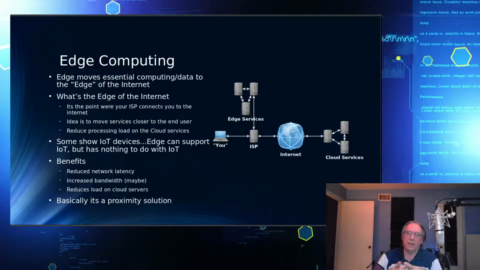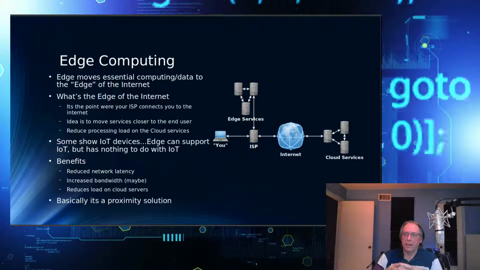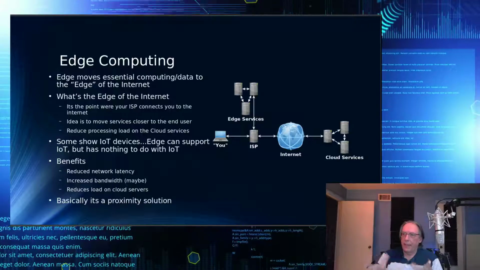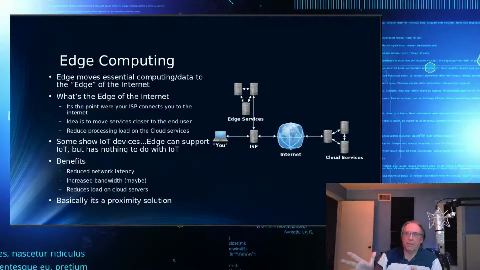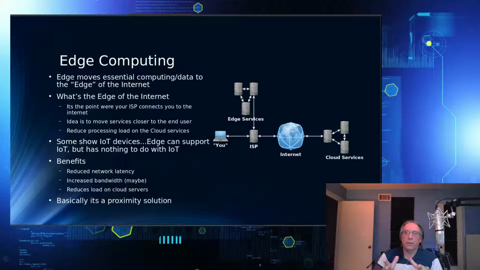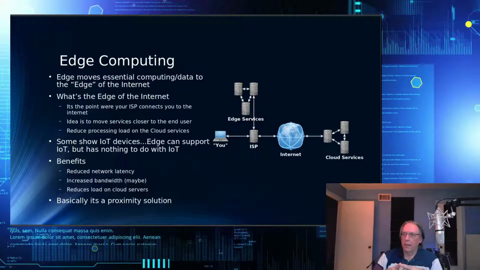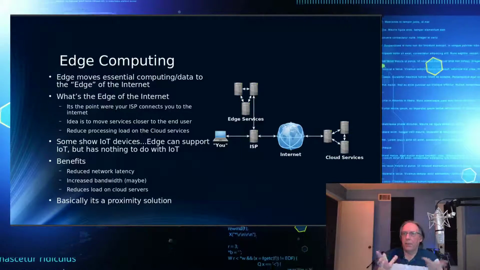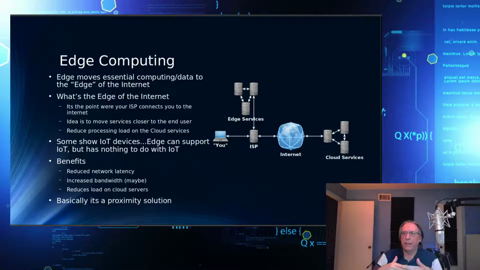And mostly it's because of mobile devices. They're being attached directly to the cell towers. So the idea is to move the services off the cloud and closer to you, the end user. And that reduces the processing load on the cloud. If you look at edge in some videos on the internet, they'll talk about IoT devices.